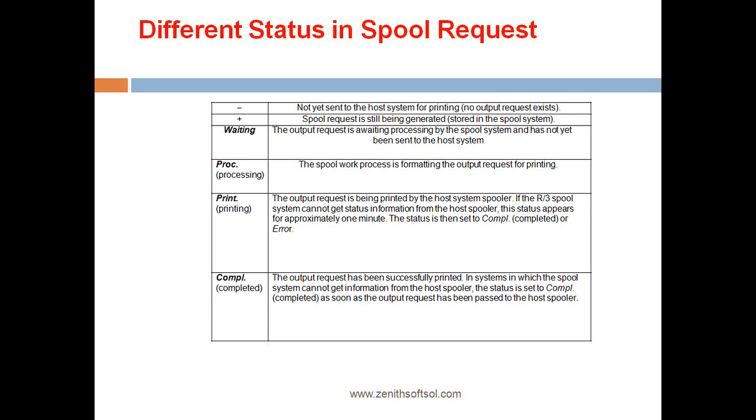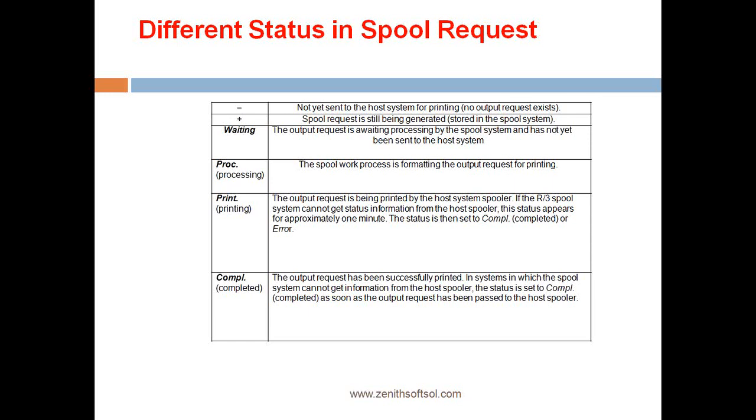Now the start of the print is nothing but the output request being printed by the host system spooler. If the R/3 spool system cannot get status information from the host spooler, this status appears for approximately 1 minute. The status is then set to complete or error.